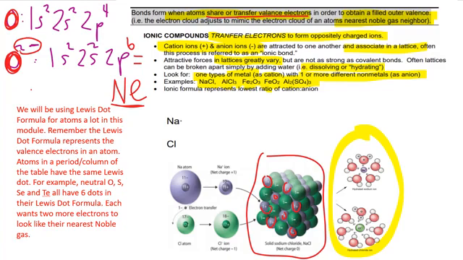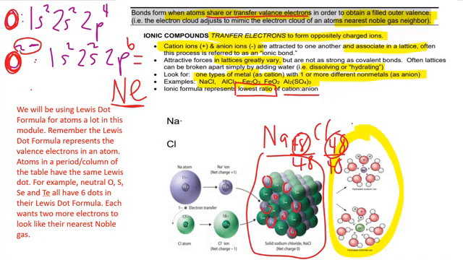So if I said that I had Na48 in that whole lattice, and 48 chlorines, my lowest ratio of cations to anions, if I have 48 and 48, I can divide both by 48. So my lowest ratio would be 1 to 1: 1 sodium to 1 chlorine. And if I have a 1 to 1 ratio, you don't write the ones. It's implied just by writing the chemical symbol.